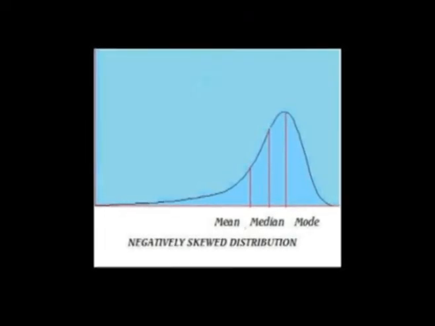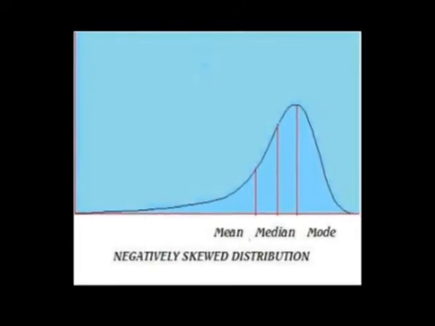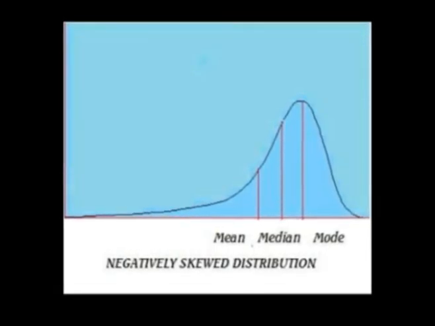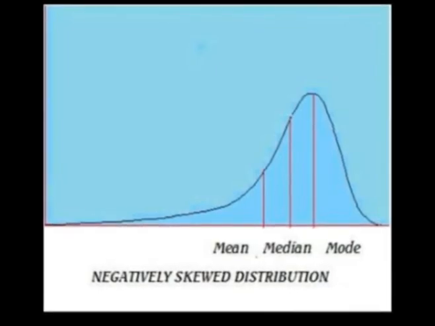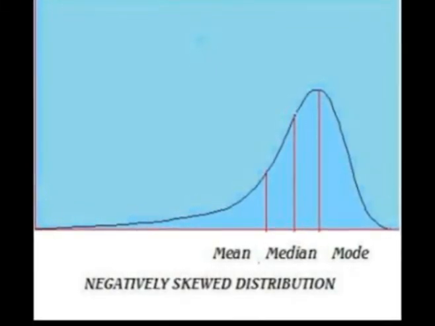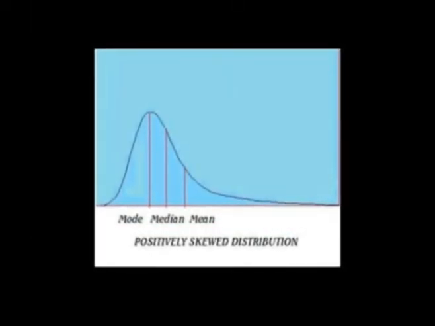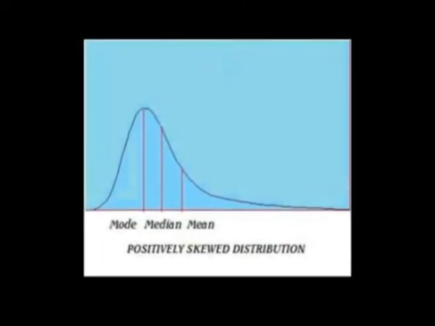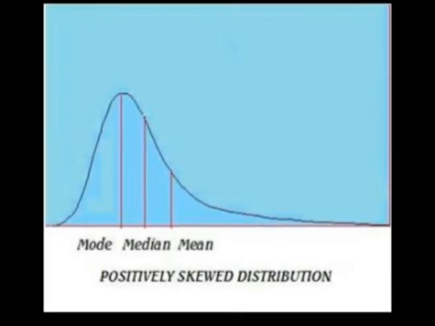You see, it is unlike a typical normal distribution. Here it is negatively skewed. That is, the distribution is more towards the right side. And see, the position of mean, median, and mode are not the same. Or it can be skewed to the left, that is, most of the data are distributed towards the left side. Here also you find that the mean, median, and mode are not on the same position like the normal distribution.